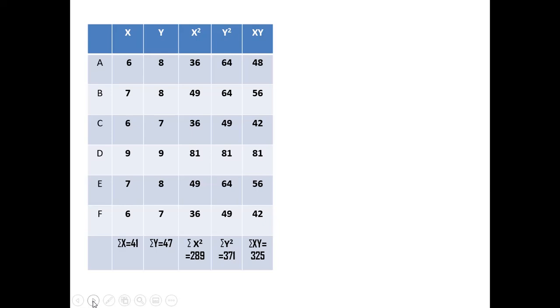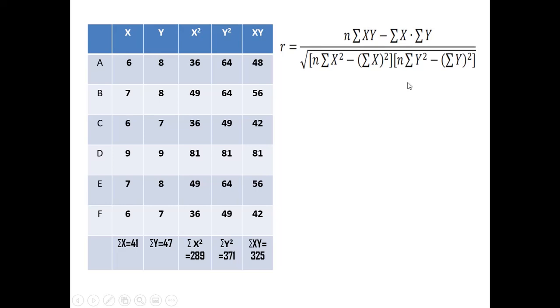Now, we're going to make a table. Since ang formula natin is this one, we have to satisfy some of the symbols there in the formula. So, kailangan natin ng X column kasi ilalagay natin yung score ng mga X's.